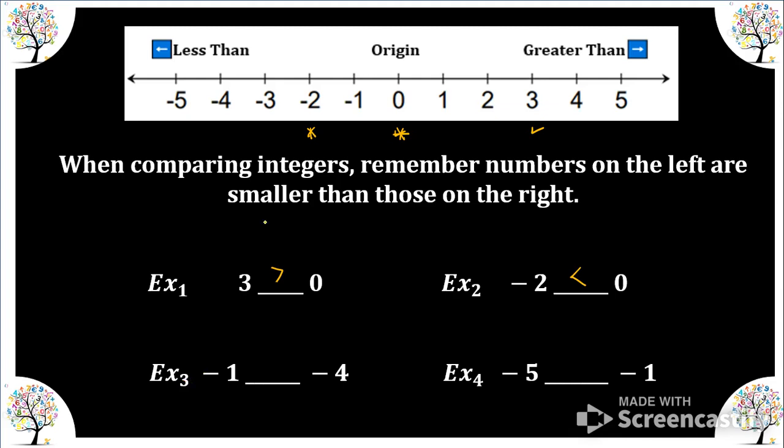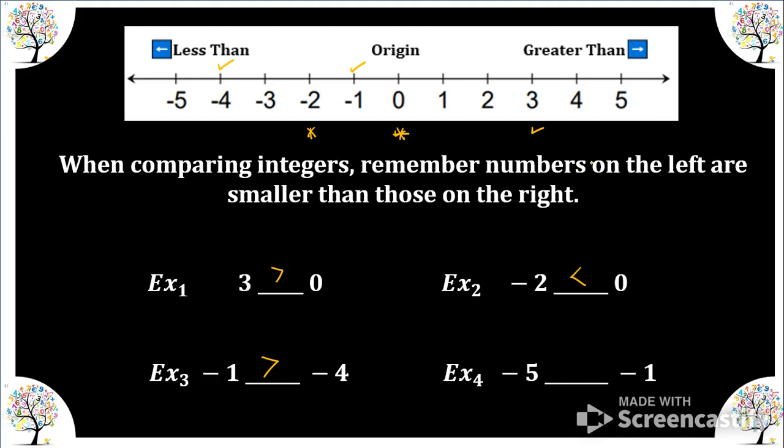Example 3, we're going to look at -1 and -4. -4 is to the left of -1, therefore -4 is less than -1, or we could say -1 is greater than -4. So -1 is greater than -4. The numbers to the right are greater than the numbers to the left.